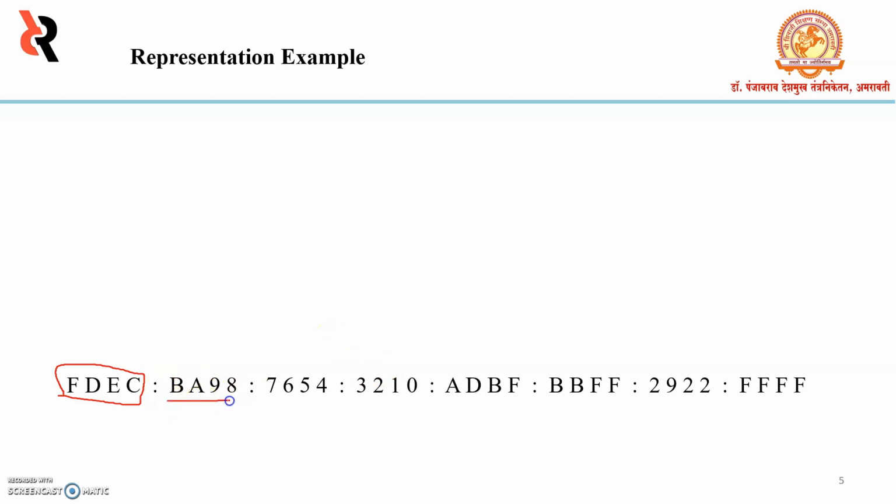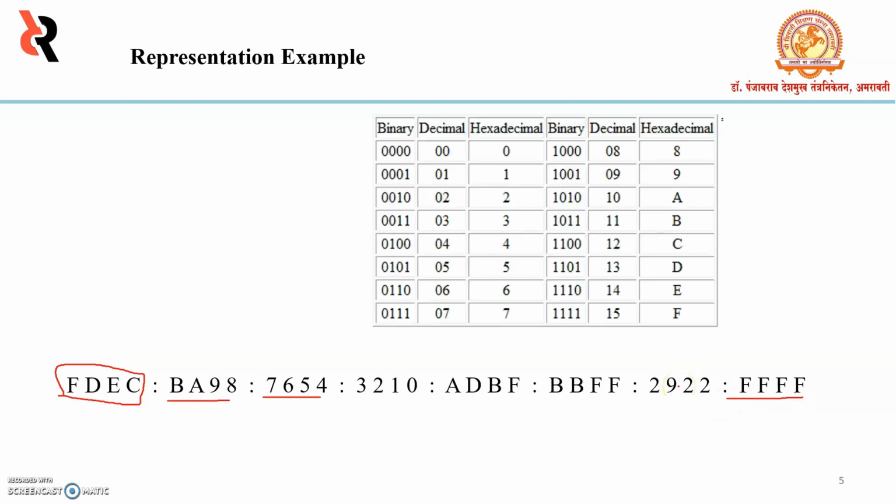The same way, this is also 16 bit, and up to this one, all are 16 bit. So we have to use here the binary, decimal, and hexadecimal for understanding only. So from where this F came?